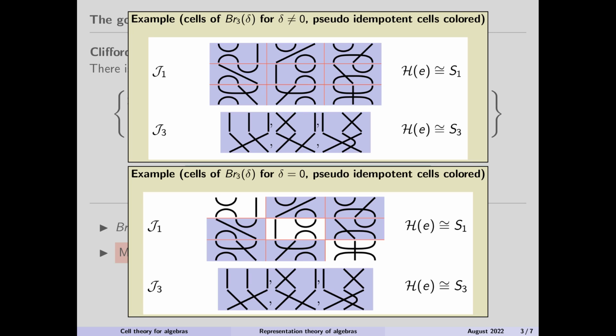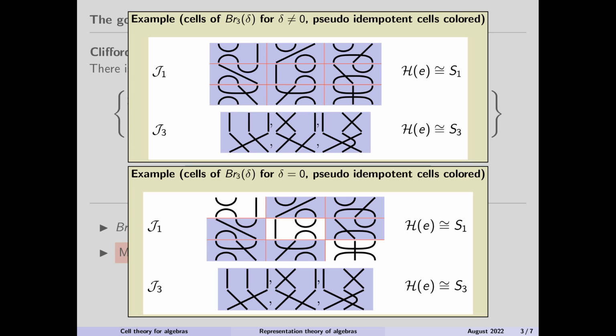What do you mean by colored? Everything that's purple, the bluish purple in the background. Oh, I see. So on top, everything is a pseudo-idempotent. Every cell has a pseudo-idempotent. The bottom is one cell, so that's just one purple containing 6 elements.